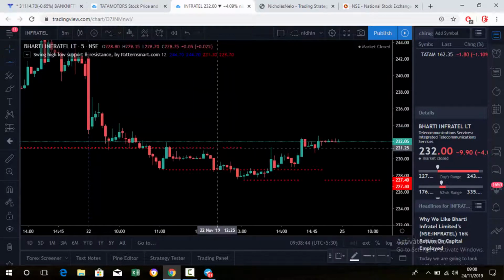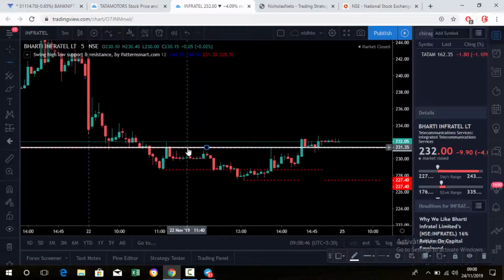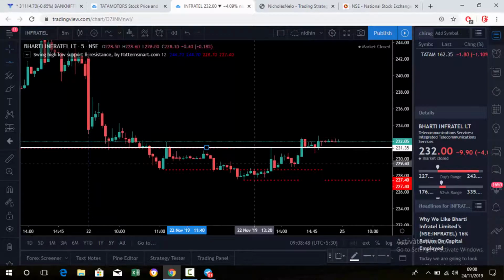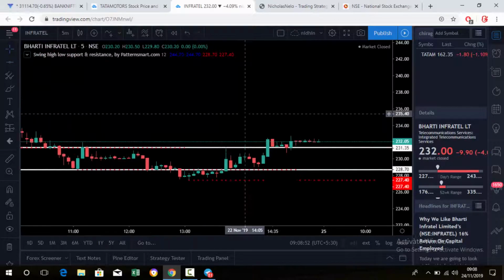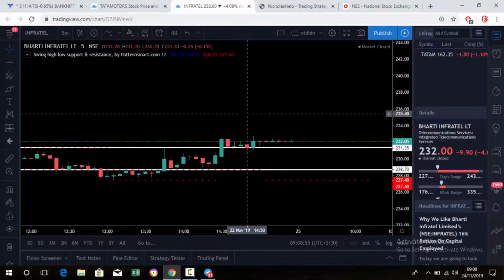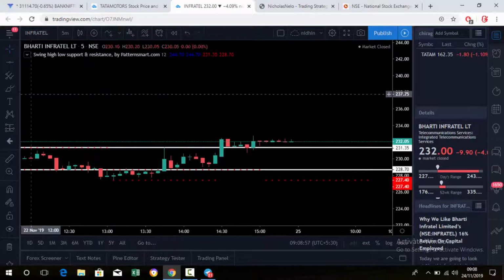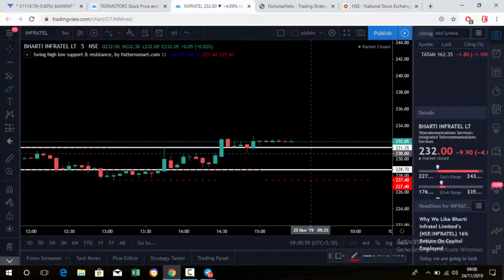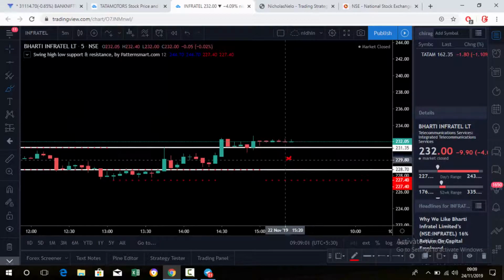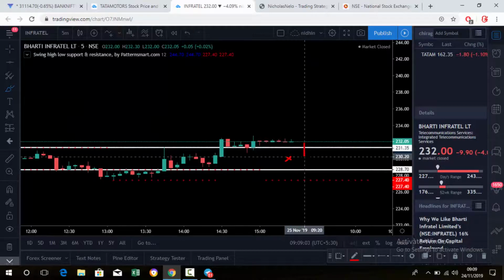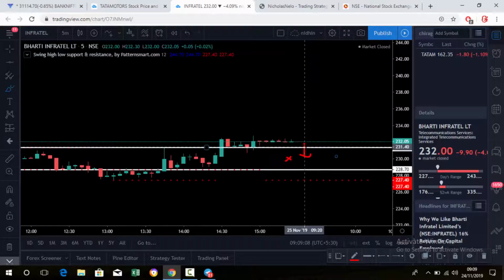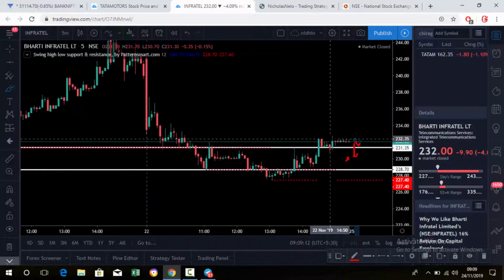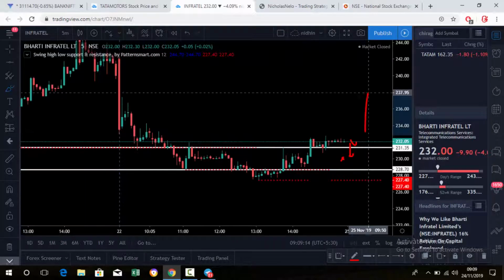Just mark the levels. This is the recent swing level, and tomorrow you just check if the market opens in between these levels, or if the candle closes below, you can go for sell, or if the candle just touches and closes above, you can go for buy. There's a chance for upside.